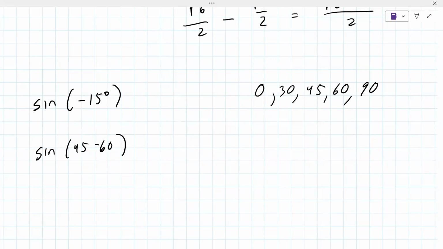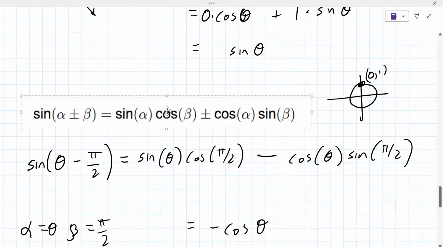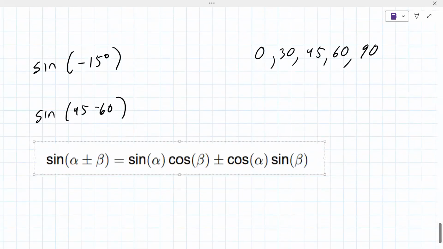So let me grab the formula for sine, and why don't you work this out here for me, please, and then we'll move on to those other groupings of questions.